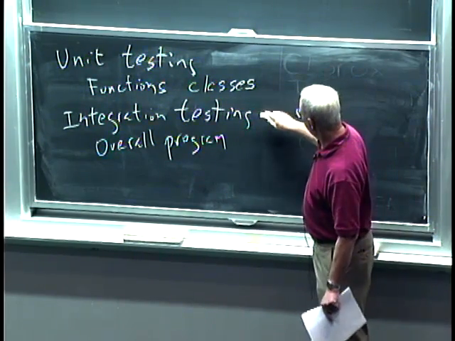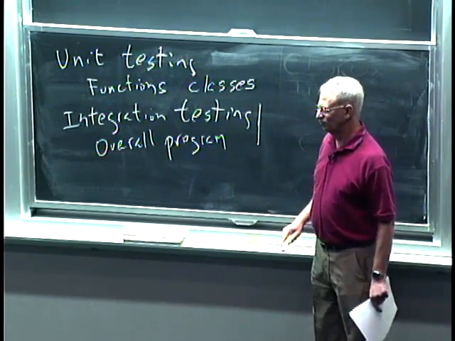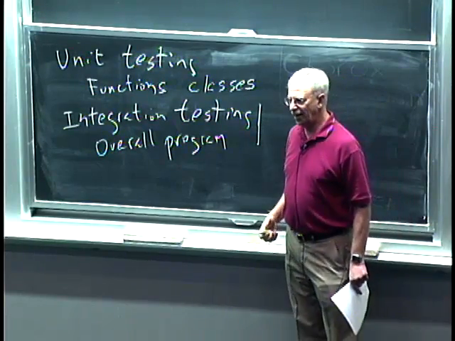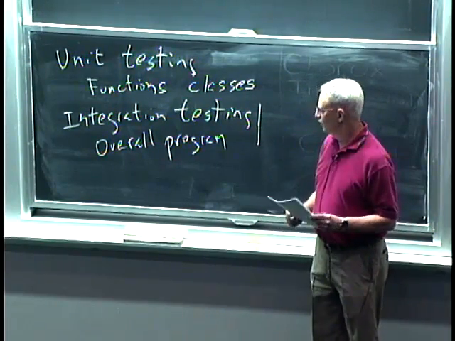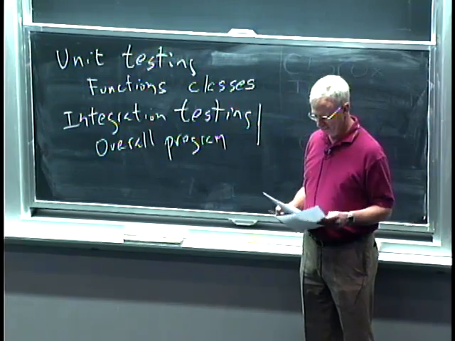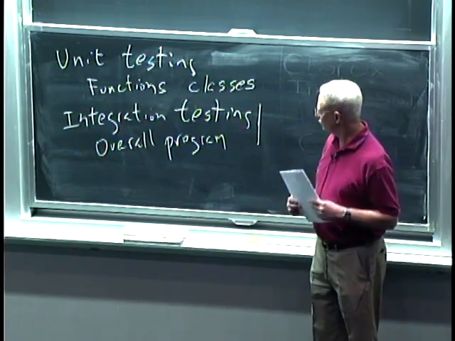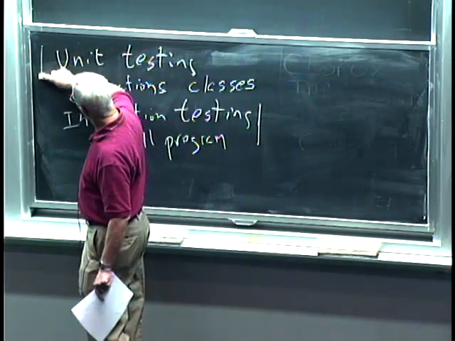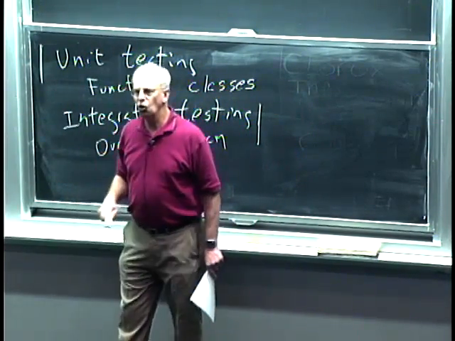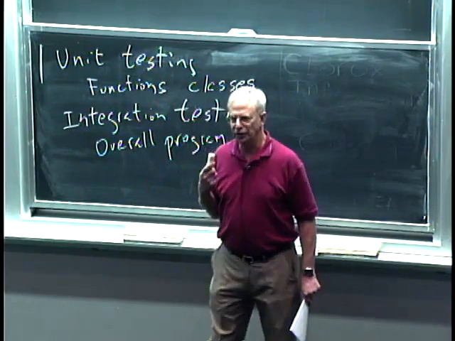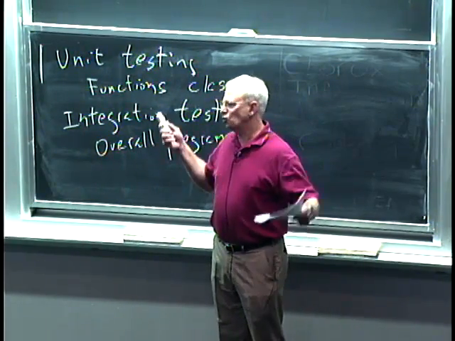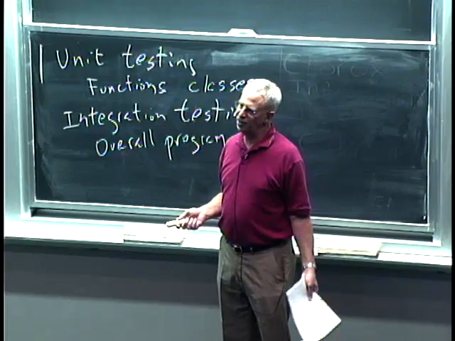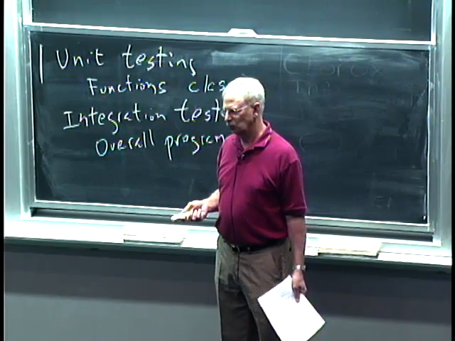People tend to want to rush in and do this right away. That's usually a big mistake, because usually it doesn't work. And so one of the things that I think is very important is to always begin by testing each unit. So before I try and run my program, I test each part of it independently.